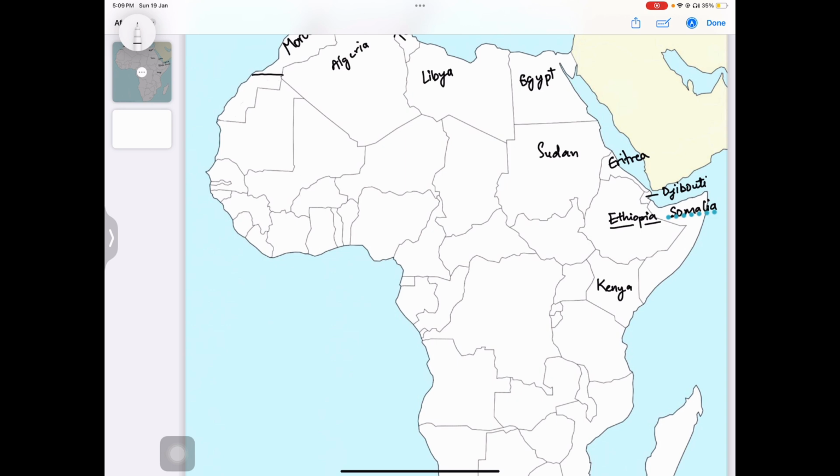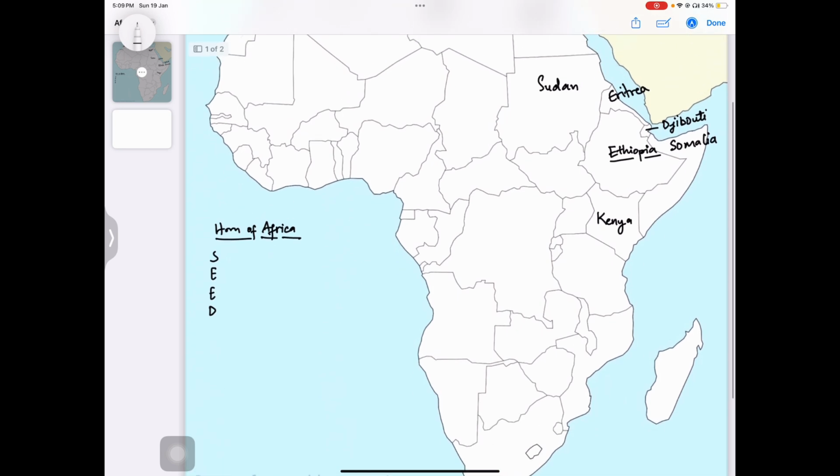So there is this thing called Horn of Africa. It consists of four countries, which are, this is a mnemonic by which I have learned these four countries.